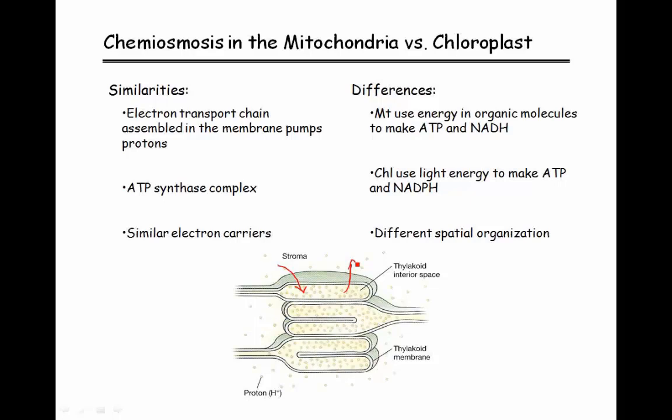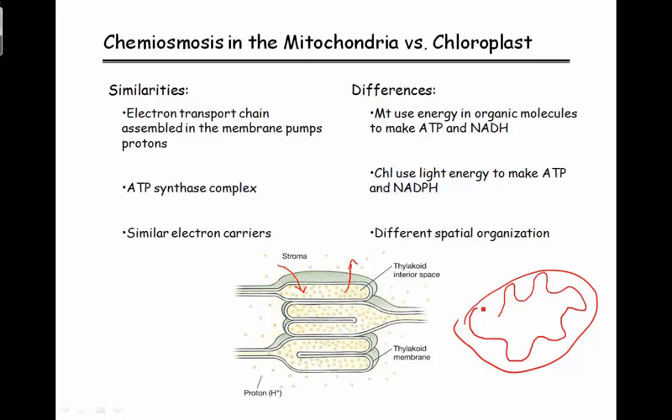Now, if we look at the mitochondria spatial organization, keep in mind that in the mitochondria, we had two spaces. And in the mitochondria, it was the intermembrane space that had your very high hydrogen concentration. In this matrix, we had low.